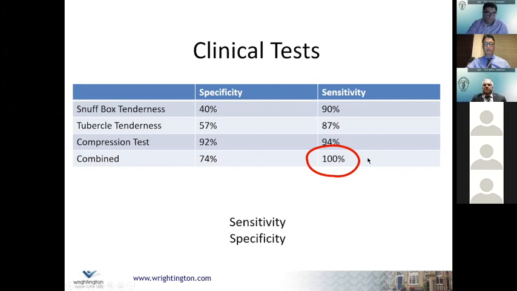It's part of published work from Joe Dias and his colleagues. And effectively, it becomes very difficult to defend a claim if these tests haven't been performed in triage, either in the emergency room or by the hand surgeon who sees the patient for the first time.